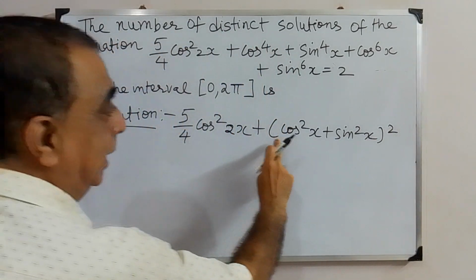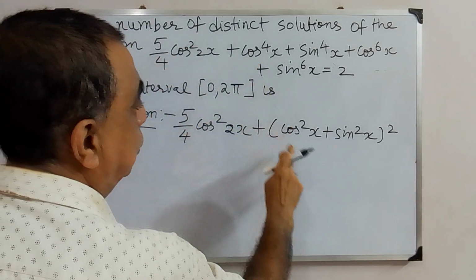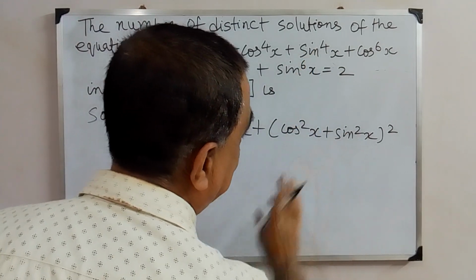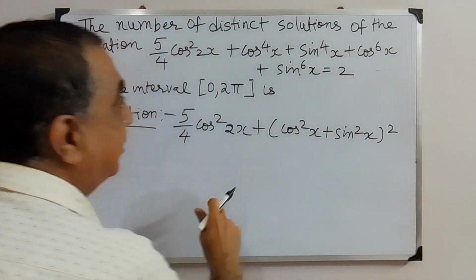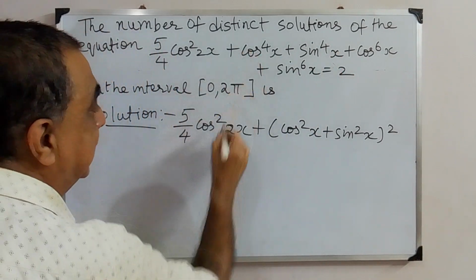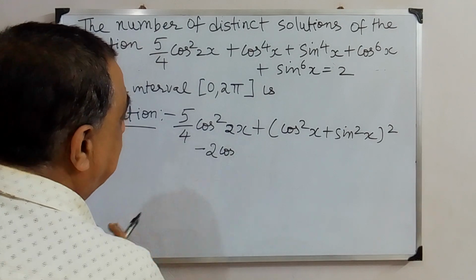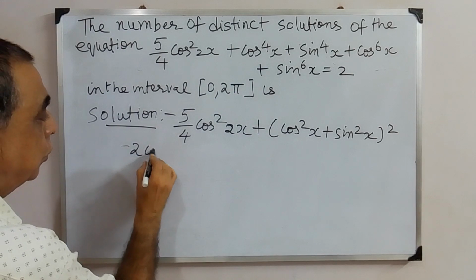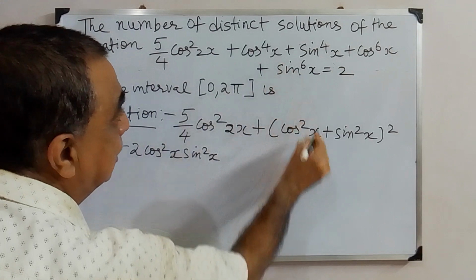When we expand this, we will have cos^4 x + sin^4 x + 2 cos squared x sin squared x. But 2 cos squared x sin squared x is not there in the equation, so to make them equal, we have to subtract from it 2 cos squared x sin squared x.